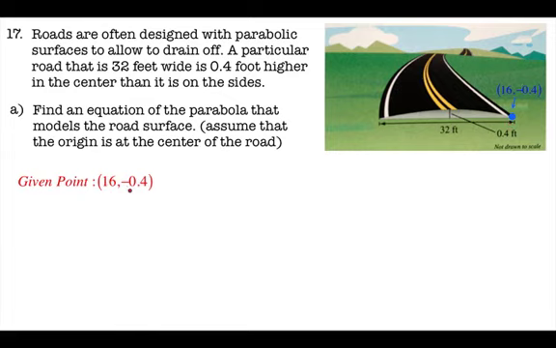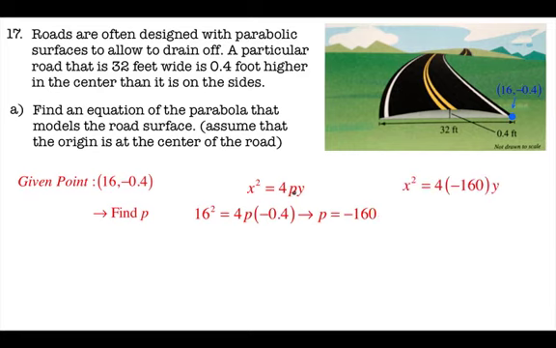Now that I know this point, just like on 16, I'm going to substitute this x and y value to find p into this standard form of the parabola, center at the origin. Go through the work, p is equal to negative 160. Once I know my p, I go back and plug it in here and simplify this. This is the equation of the parabola modeled by this situation.